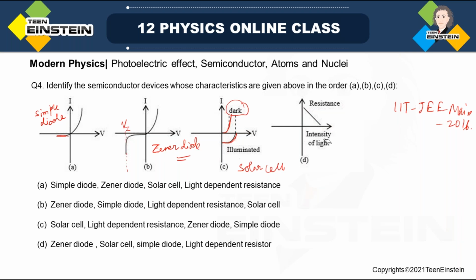Resistance is decreasing with increasing intensity of light. So that's the question. Sequentially, this is the simple diode, this is Zener diode, solar cell, light dependent resistor. So this first option is the correct option.